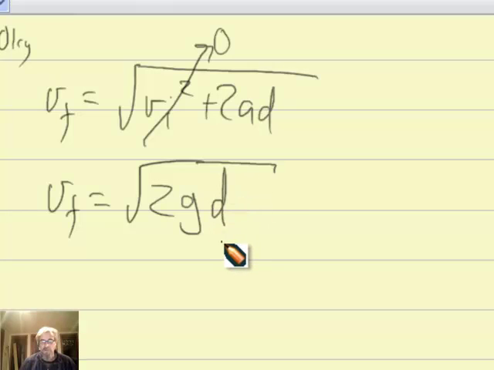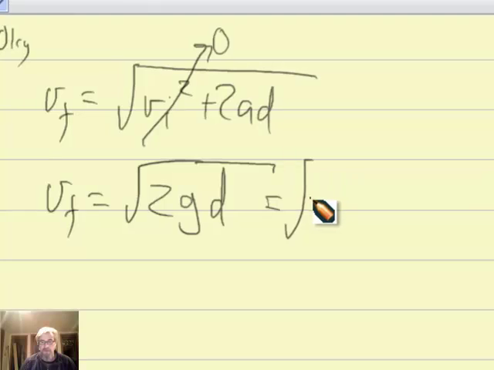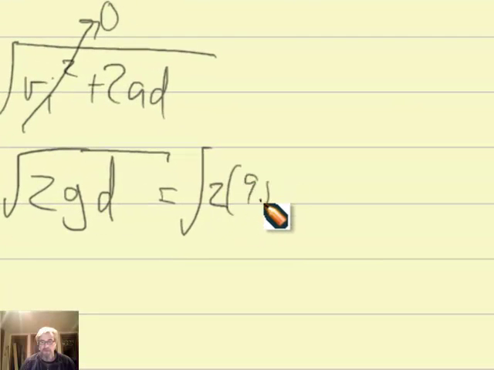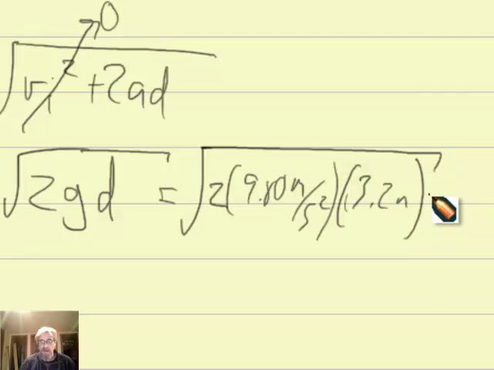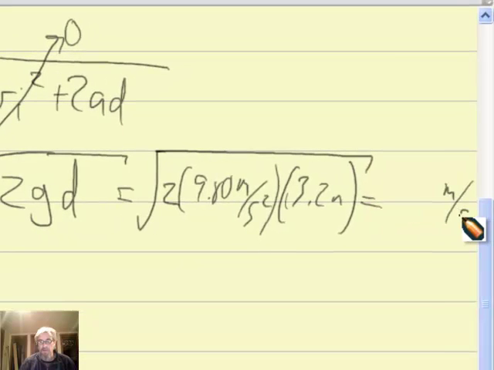Plugging in numbers, that's 2 times 9.80 meters per square second times the distance of 3.2 meters. When we take the square root of meters squared per second squared, we'll get units of meters per second, good velocity units, and the number that we get here is 7.92 meters per second.